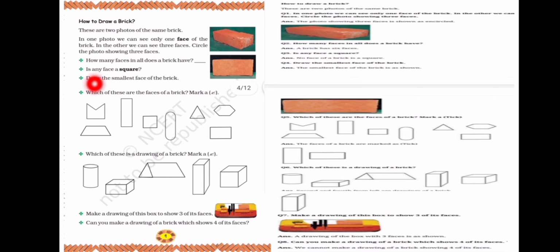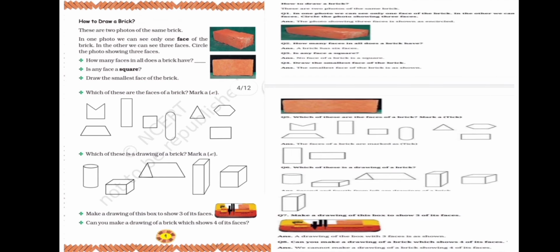Next question is, is any face a square? No. Why? The faces of a brick are always like a rectangle. So there is no face in the form of a square. Draw the smallest face of a brick.